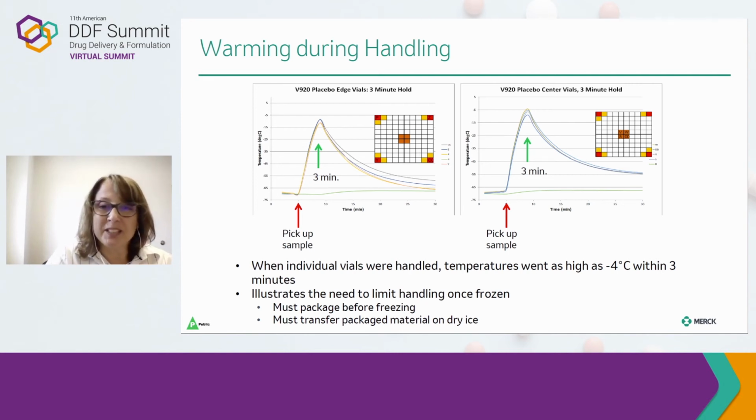And this was a great struggle, I have to say, because of course everyone says, well, we always have this amount of time. We always need this amount of time. And when we had to say that the product can't handle it, you really need to work with the different processing areas and packaging and everything, and try to develop a system so that they can do it in the time frame that they need, but have the product temperature controlled.